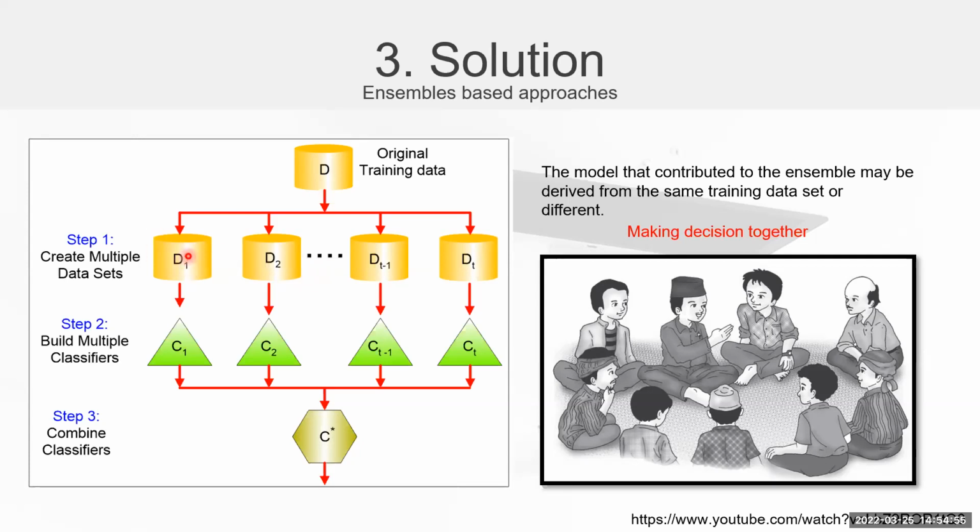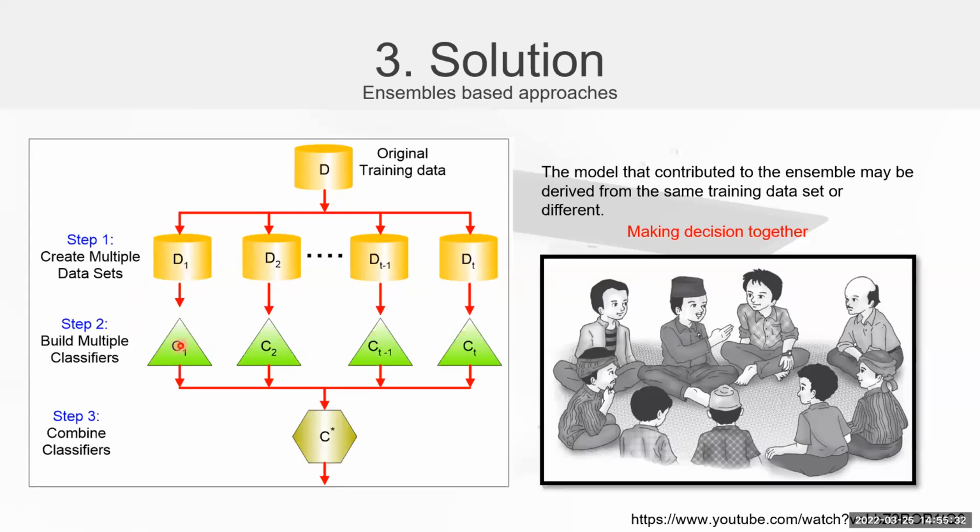Maybe in D1 it is a sampling method from D. Maybe for the second data, the number of a row is not only 1, but maybe 2 or 3, because this is sampling with replacement. So the second rows might be sampled more than once, maybe 5, 10, and so on.